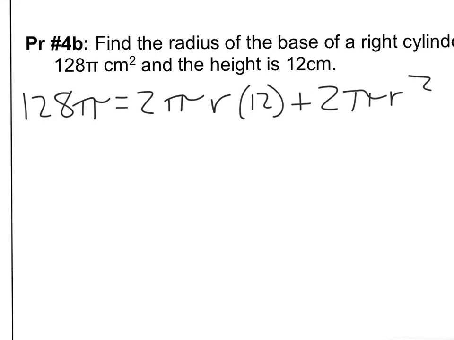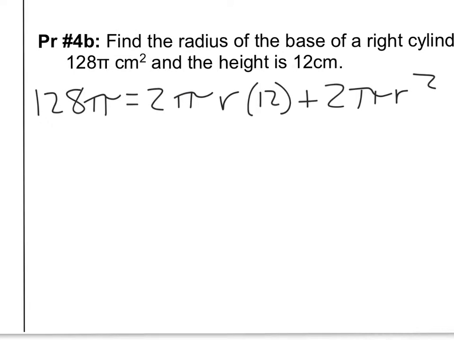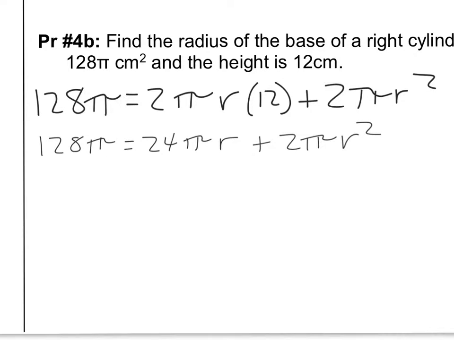Well, let's just zoom in and do a little bit of math here. First of all, I see that I have a 2 times a 12 here, so I could rewrite this as 128 pi equals 24 pi r plus 2 pi r squared. Okay. First thing I want you to understand, I told you guys this back at the beginning of the year, but we've gone over this a bunch of times.